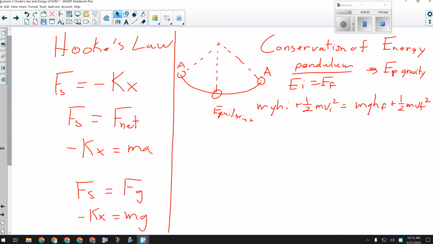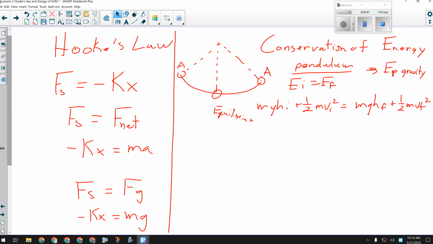What kind of energy does it have if it's not moving at those positions? Potential only. That would be where it's highest above its equilibrium position and would have only gravitational potential energy. What kind of energy does it have at equilibrium? Kinetic, because that's where it would be moving the fastest. And anywhere in between, it would have a little of both.